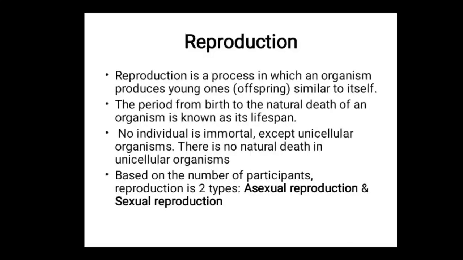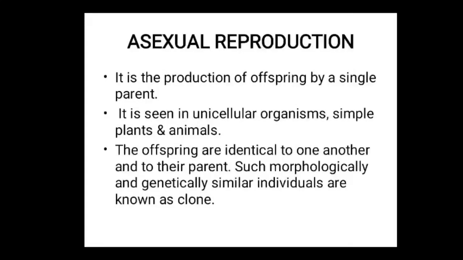But in sexual reproduction, a partner is needed for the reproduction. Asexual reproduction is the production of offspring by a single parent, meaning they don't need any partner for producing offspring.